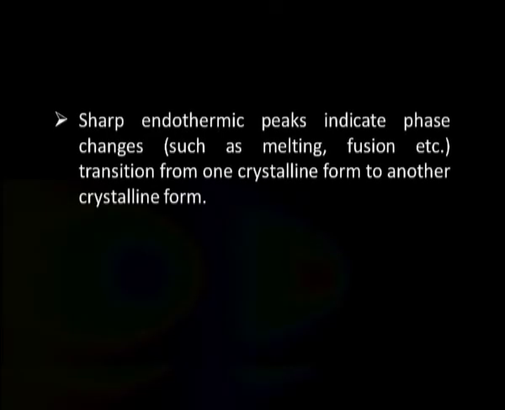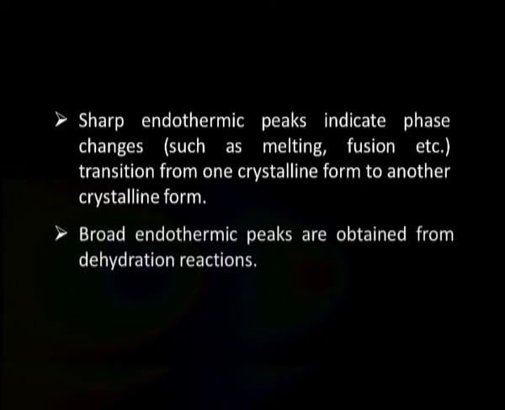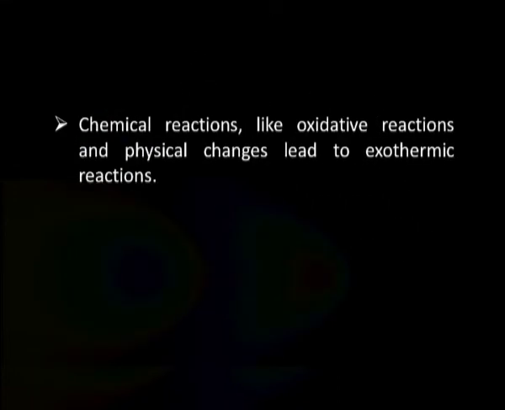Sharp endothermic peaks indicate phase changes such as melting, fusion, etc., transition from one crystalline form to another crystalline form. On the other hand, broad endothermic peaks are obtained generally from dehydration reactions. Chemical reactions, oxidative reactions and physical changes lead to exothermic reactions.